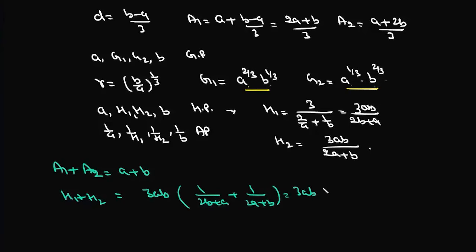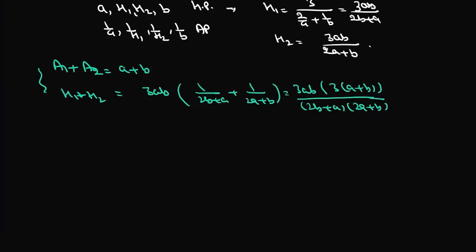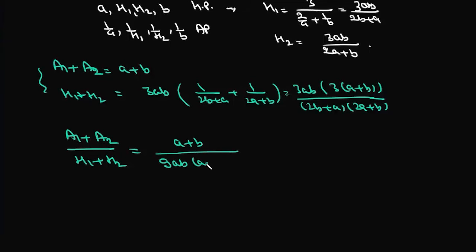So it will be 3AB, and this is 3 times (A plus B) upon (2B plus A) and (2A plus B). Now if we divide them, (A1 plus A2) upon (H1 plus H2) will be (A plus B) upon 9AB (A plus B) into (A plus 2B) into (B plus 2A). Now this A plus B will cancel, and this is what we need to prove in this question.